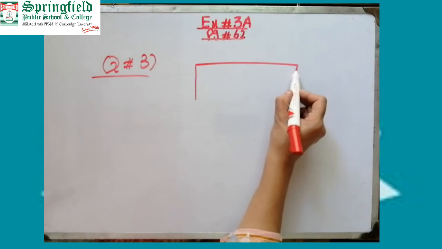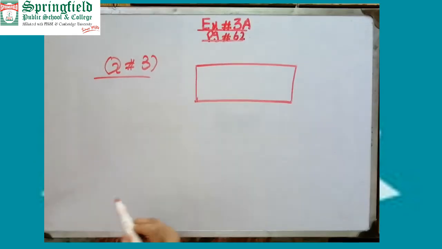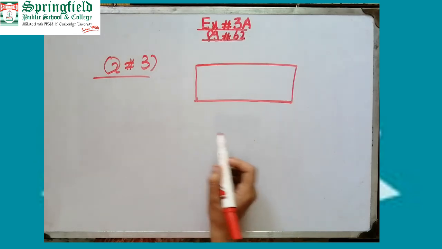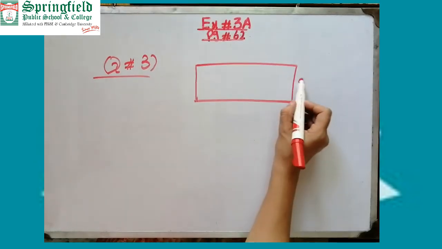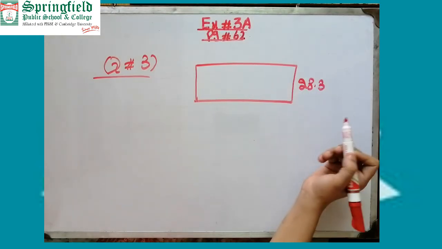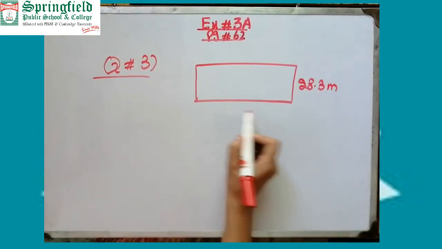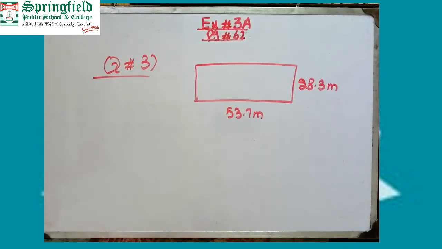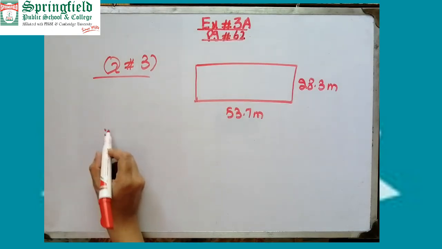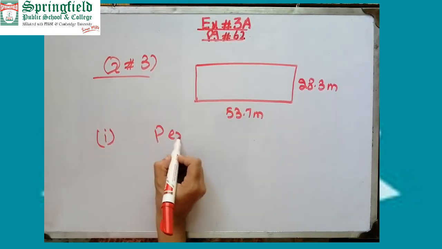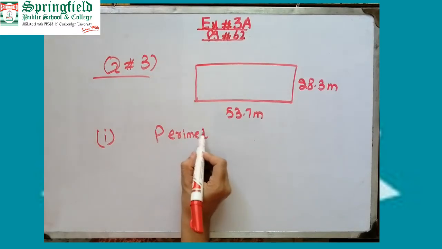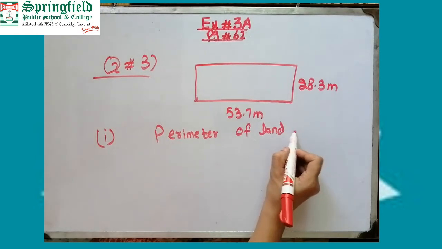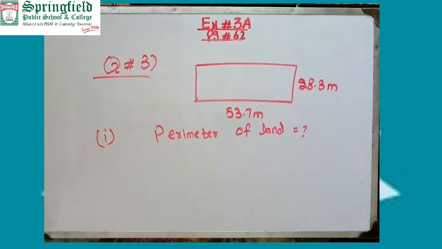Let suppose this is a rectangular plot, and the dimensions means the given sides of the rectangular plot are 28, let's suppose this one is 28.3 meter and this side is 53.7 meter. Right? And in first part they are asking about the perimeter of land. Okay, perimeter of land.